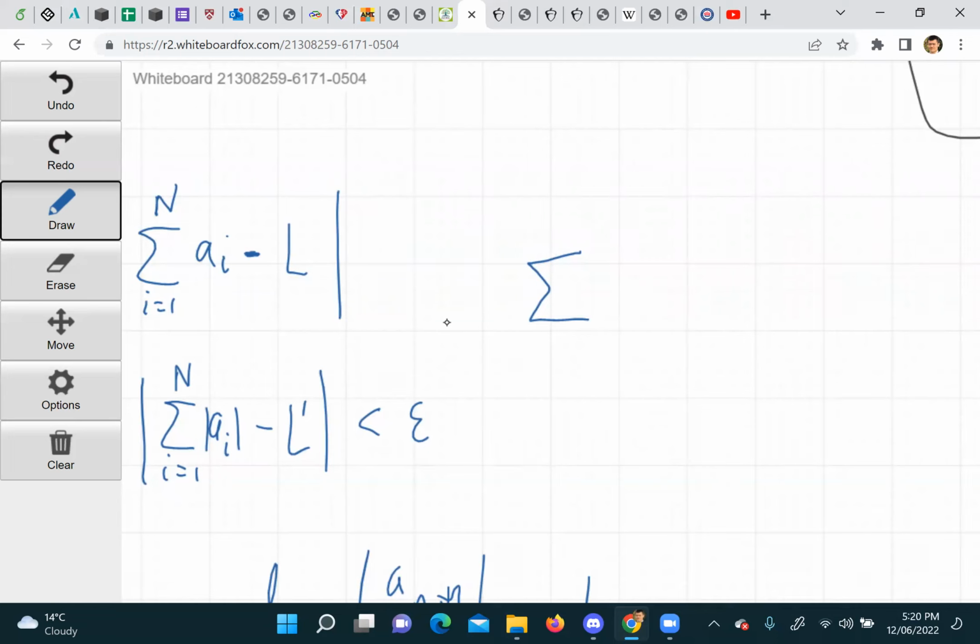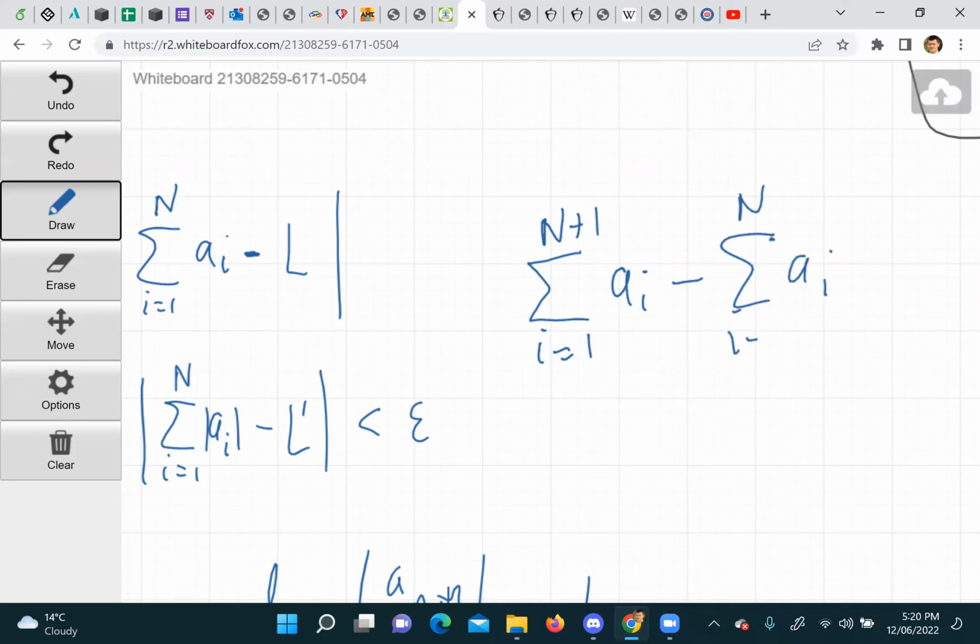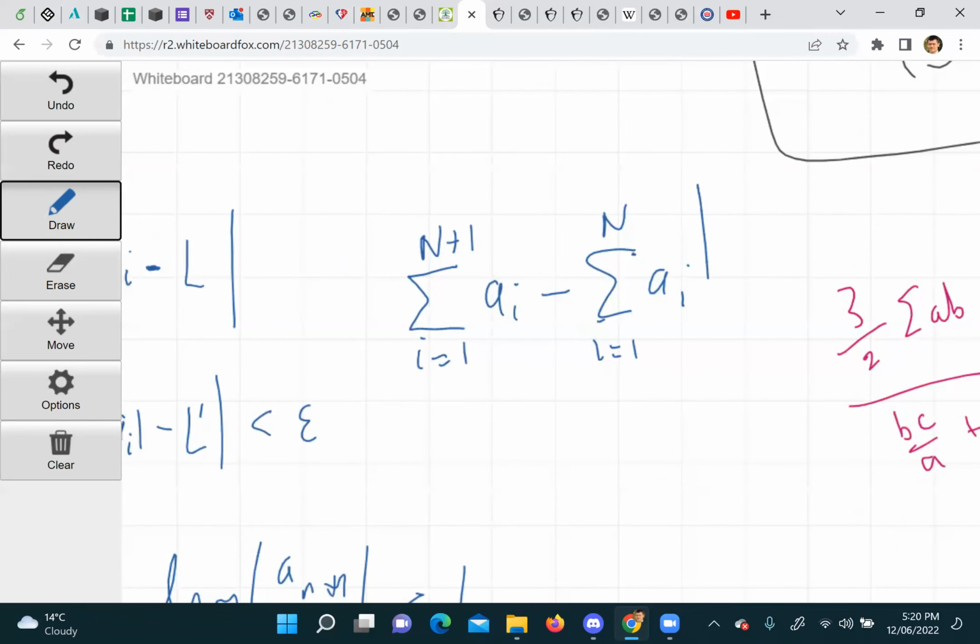If you have the sum of n plus 1 terms and the sum of n terms, because they're both approaching the same limit, they're going to be really close to each other.